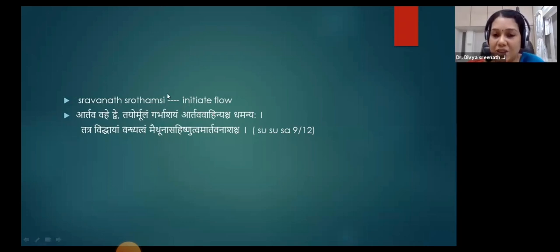Because in some contexts Artava Bija, the ovum, is also considered as Artava. So if there are any obstructions in the fallopian tube, or if we are doing postpartum sterilization, like rupturing or suturing the fallopian tube, then there will be a chance of Vandhya, or it may cause infertility.